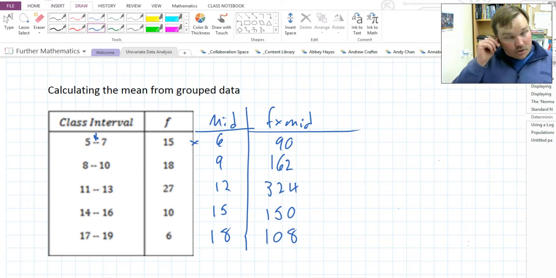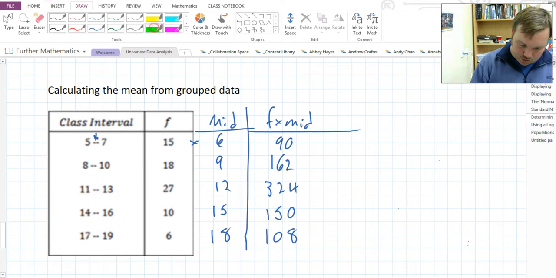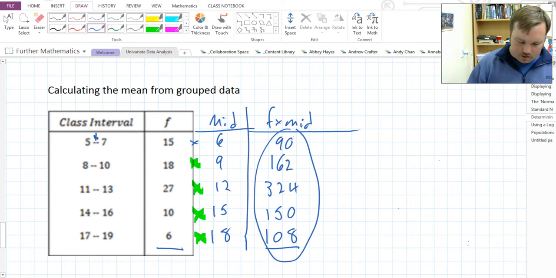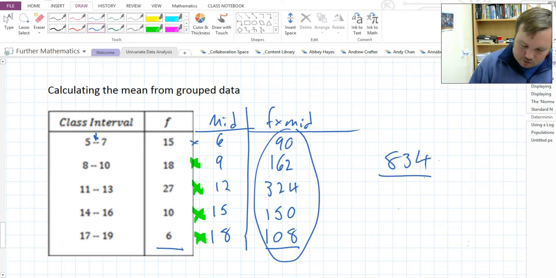Alright, so that there is the result of all of these multiplications. Then we work out the sum of the total frequencies and the sum of this. So the sum of this is 90 plus 162 plus 324 plus 150 plus 108, 834, that will be divided by the sum of the frequencies. 15 plus 18 plus 27 plus 5 plus 10.